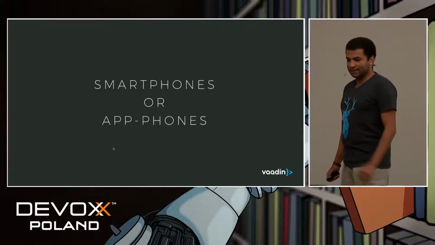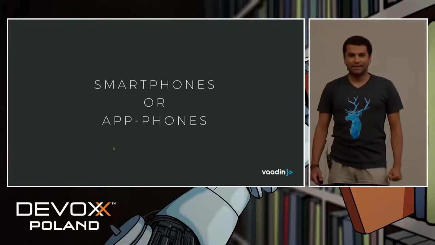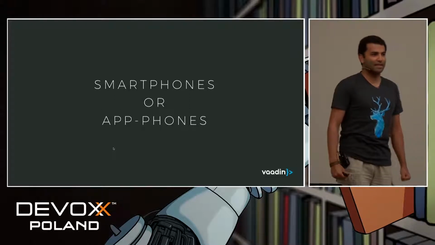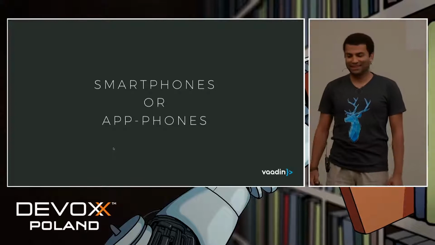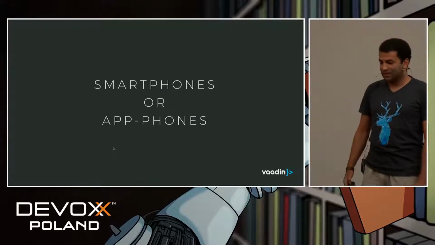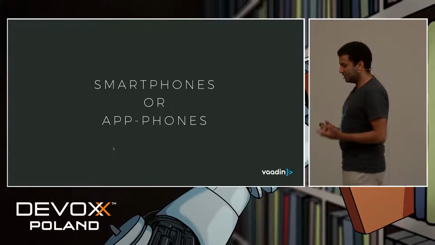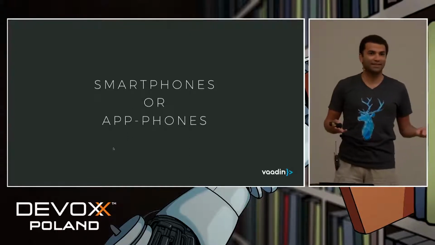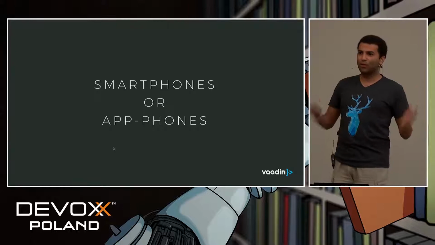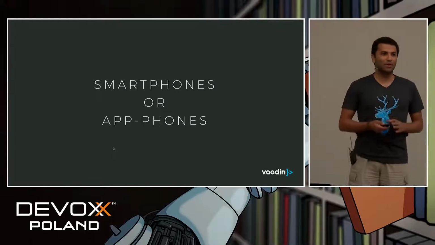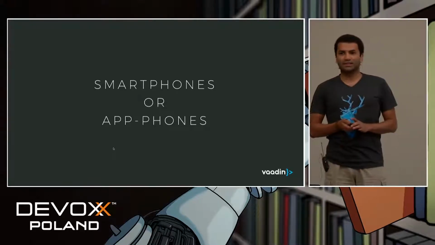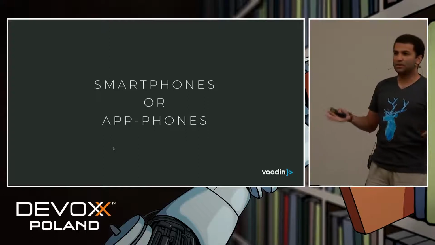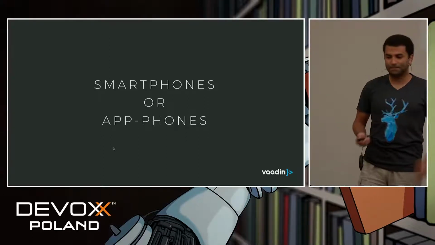But the question is, is it a smartphone or a phone that has apps? So the word app now is a little bit misleading. Are we always downloading smart apps? Are all our native apps smart apps, or are we just having a device with huge hardware that is holding a bunch of apps?